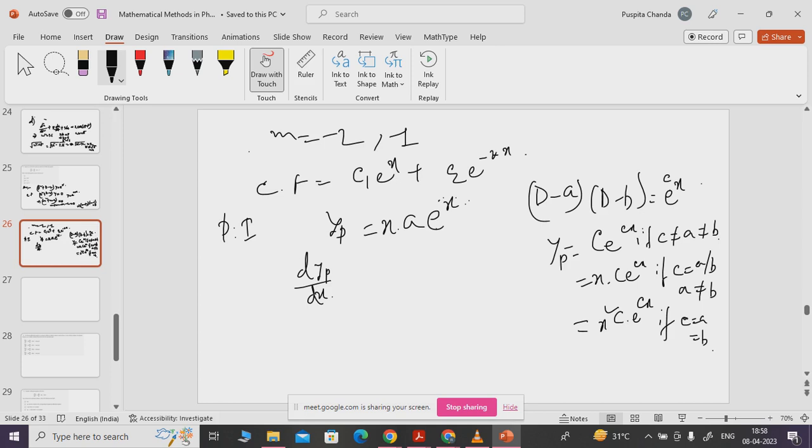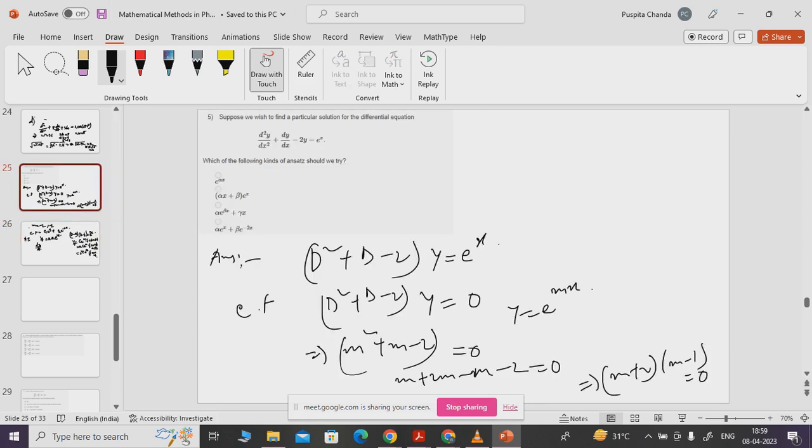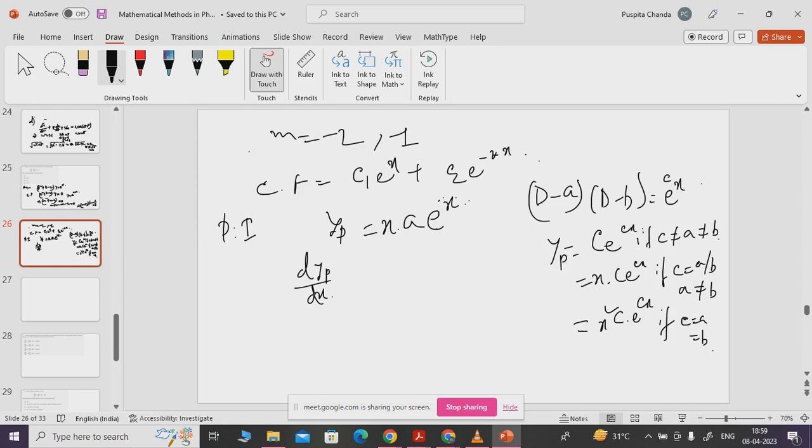If (D minus a) into (D minus b) is equal to e to the power cx, when a, b and c are all not equal, but here we have already seen this equation, D square plus D minus 2. I have written the same equation with m instead of D, that is (m plus 2) into (m minus 1).